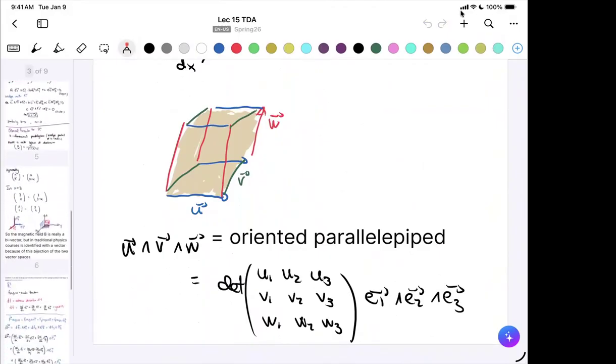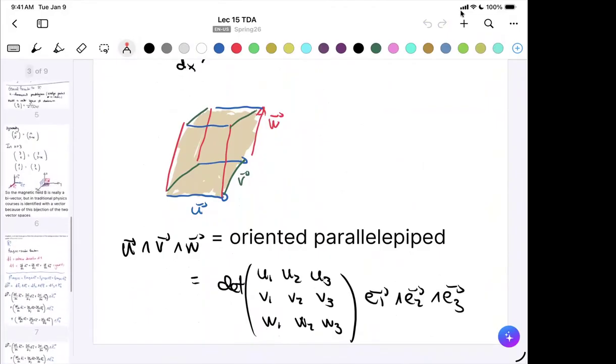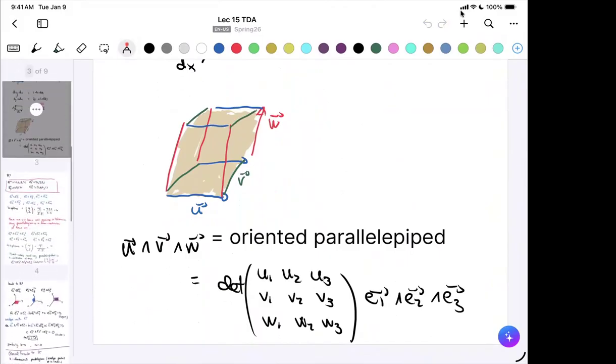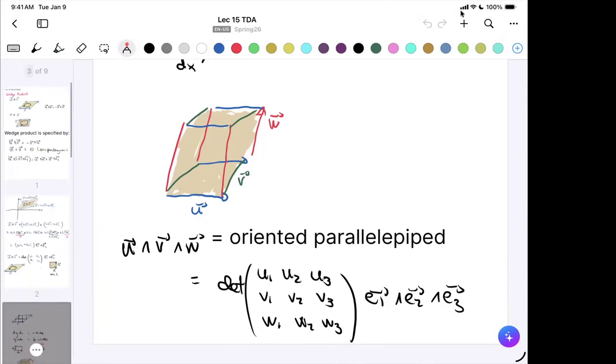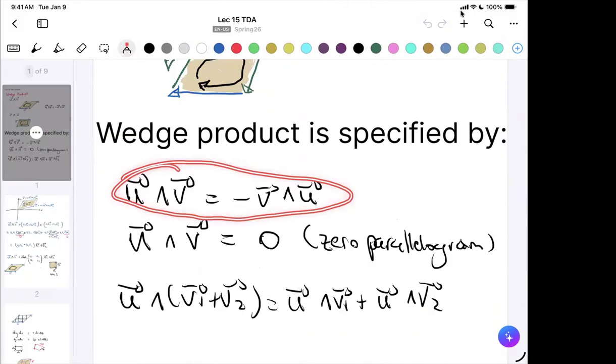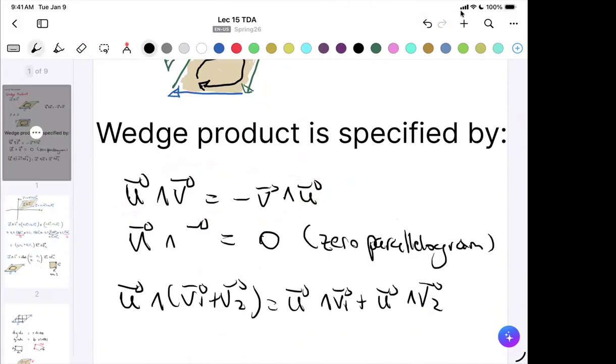What you really have to remember from what I was saying a week and a half ago is that the main properties of the wedge product are similar to the cross product: if you swap two of the factors, you get a minus sign, which in particular forces U wedge U to be the zero parallelogram.